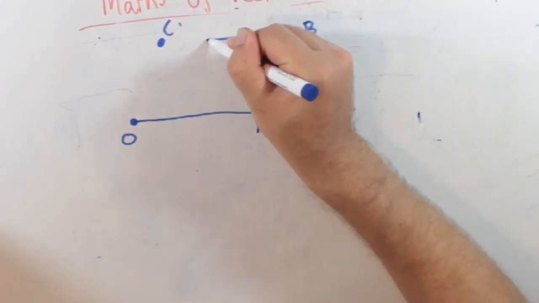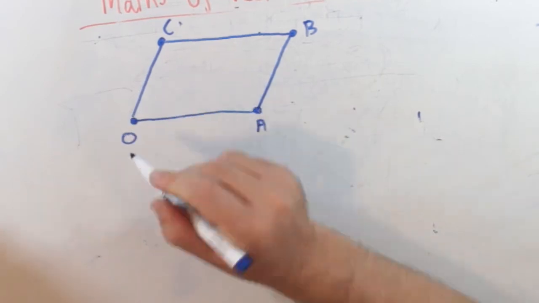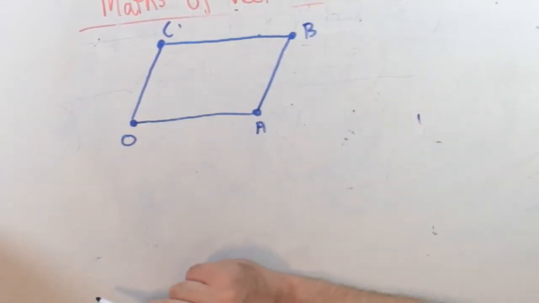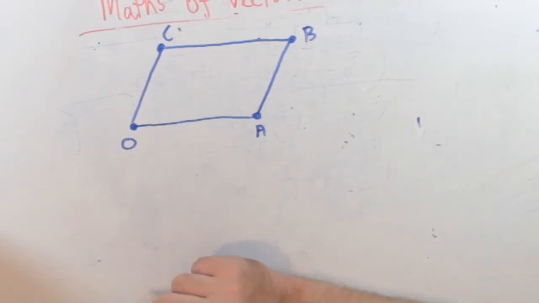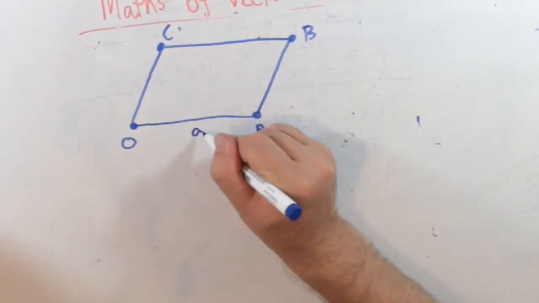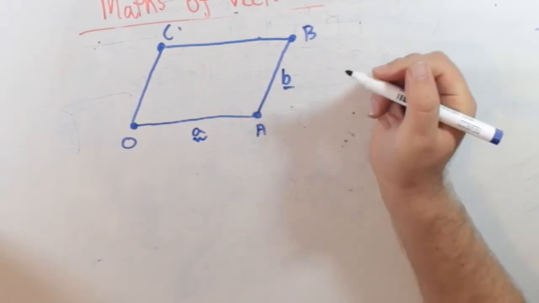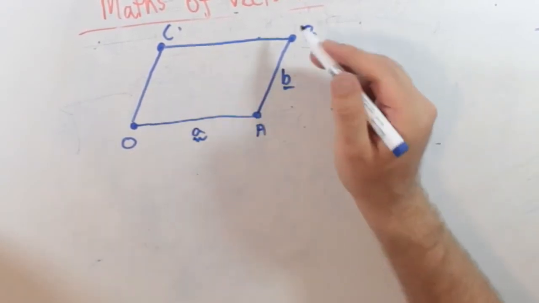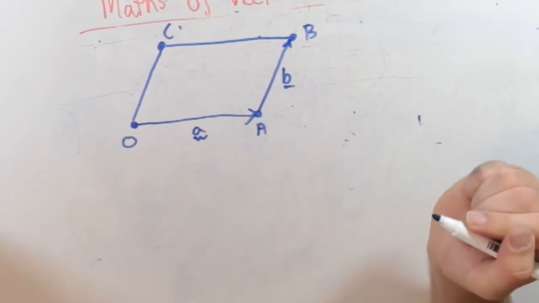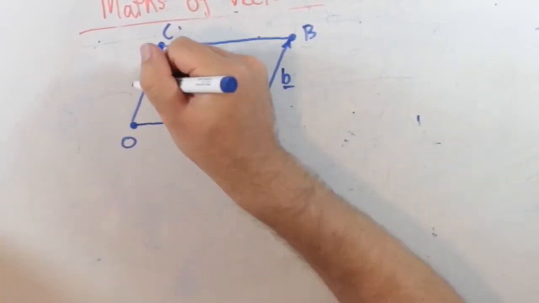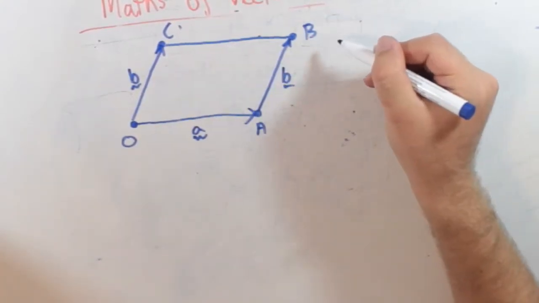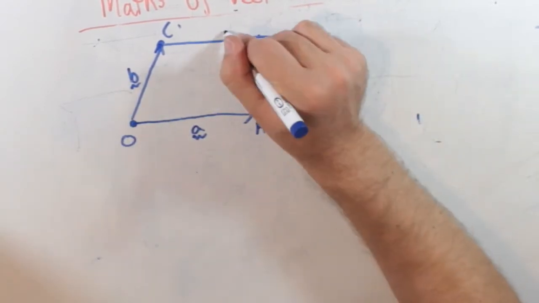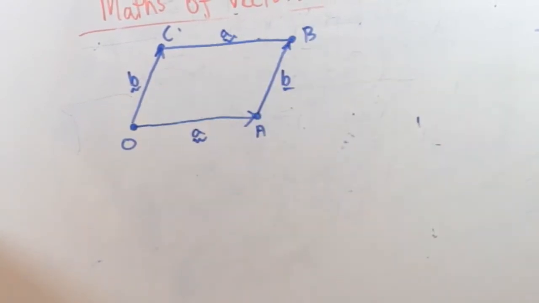Generally, we label going around anti-clockwise: O, A, B, C. On that parallelogram, let's call OA vector a, and let's call OC vector b. Because it's a parallelogram, OC is also equal to b. It's the same vector; they're parallel and the same length. And CB is the same as OA, so this can also be called a.